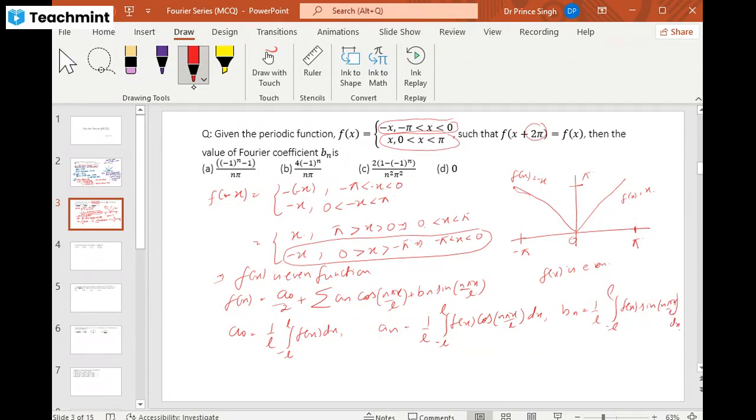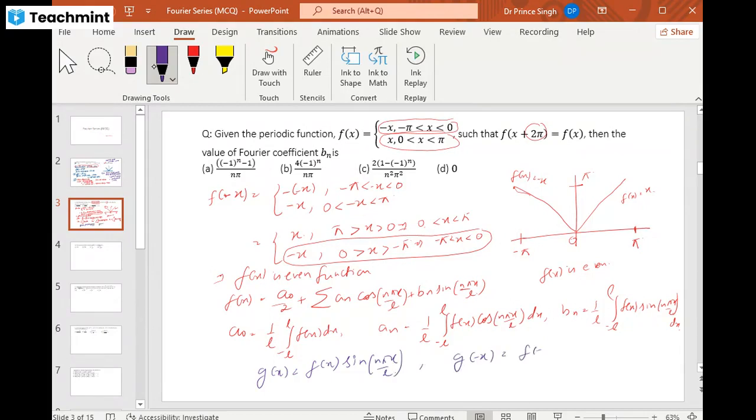So in this case, we want to find out the value of the Fourier coefficient Bn. So what is the value of Bn here? Bn is this one, and your function f of x is even. So let us suppose I consider g of x as f of x into sine of n pi x upon L. We already know that sine is an odd function, f of x is an even function. So what is g of minus x?